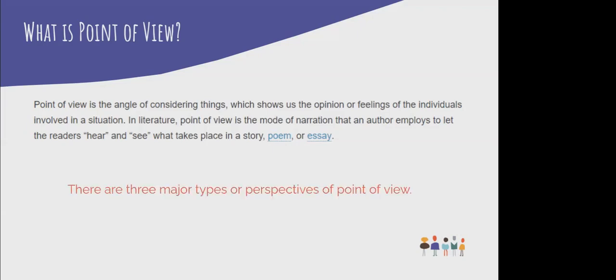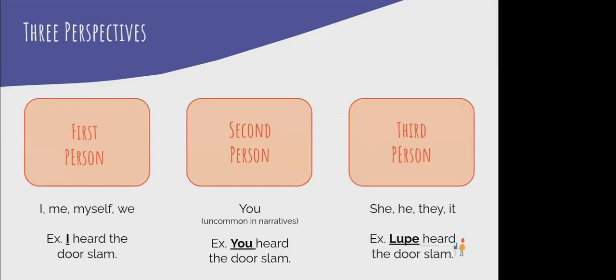Because we know that we have three major types of point of view. And like our options in the do now, they are first person, second person, and third person. So the biggest key in determining what point of view something is being told from is going to be the pronouns that we see.